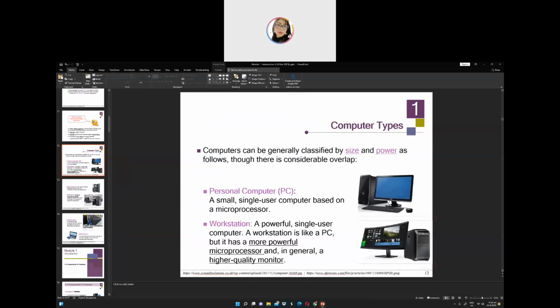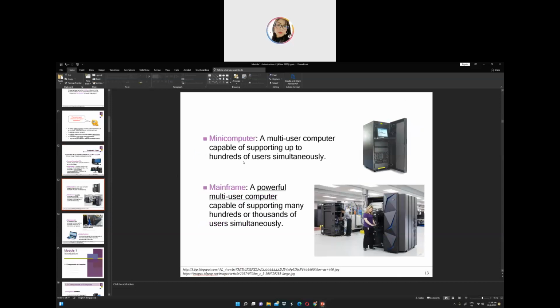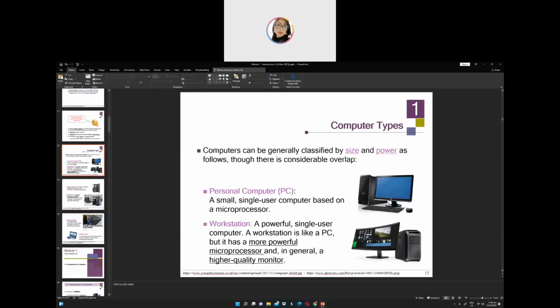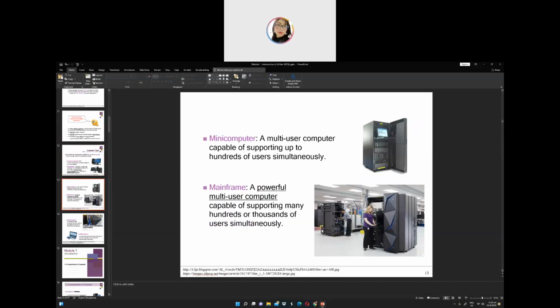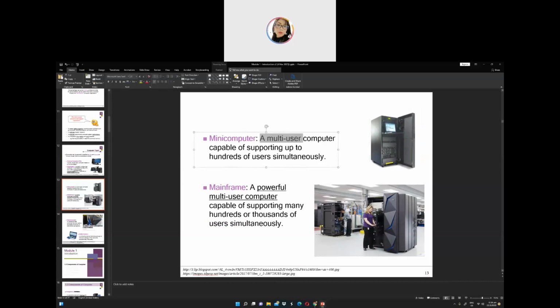This is also called a PC, but it is more powerful compared to your PC. Similarly, this one is single user, single user. And for your mainframe and minicomputer, although it's called a minicomputer, it is not mini, and you can see here, it is for multi-user. This is also for multi-user.